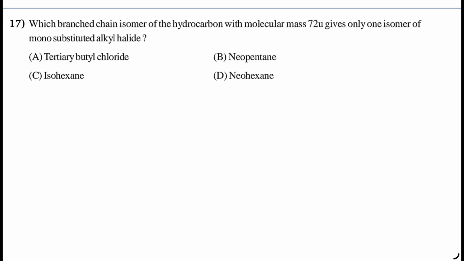Which branched chain isomer of hydrocarbon with molecular mass 72 gives only one isomer of monosubstituted alkyl halide? Here they say hydrocarbon, but in the first option they gave tertiary butyl chloride, so straight away that is ruled out. And you have to take the molecular mass 72.